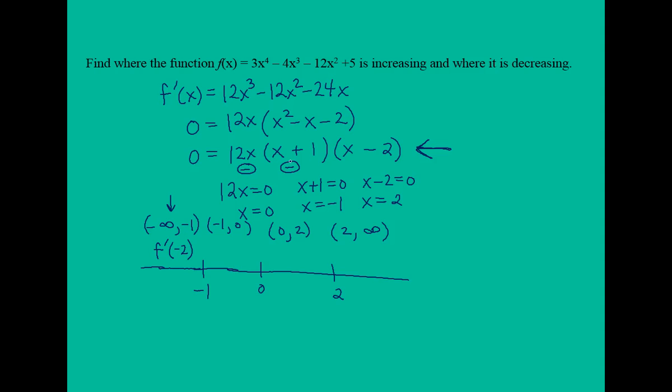And if we plug -2 into the third factor, we'd get -4, which is a negative value. So we would have a negative times a negative times a negative, which would give us a negative value. So we know that the derivative is negative on this interval, so the function is going to be decreasing.